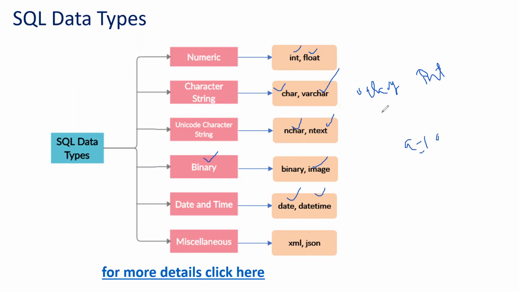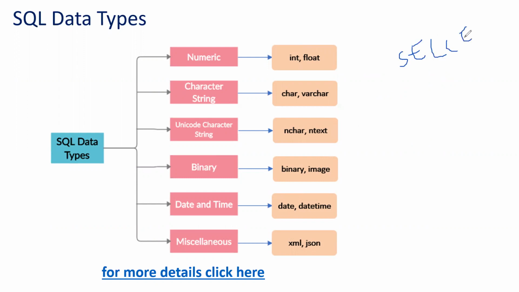But in SQL, there are some differences between SQL and Python. First, you need to define the data type of that particular column. That is called explicitly. In Python, you don't need to do that. And second thing, all the commands you have seen, like select. If you want to select some database or columns, you need to write like that.